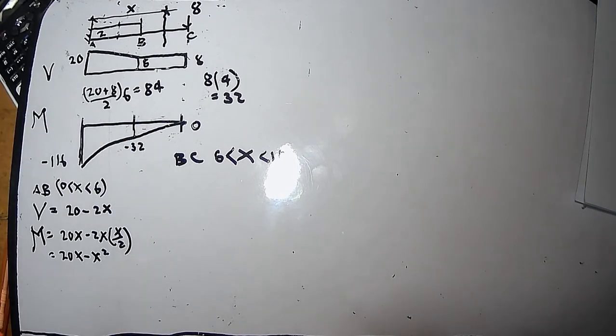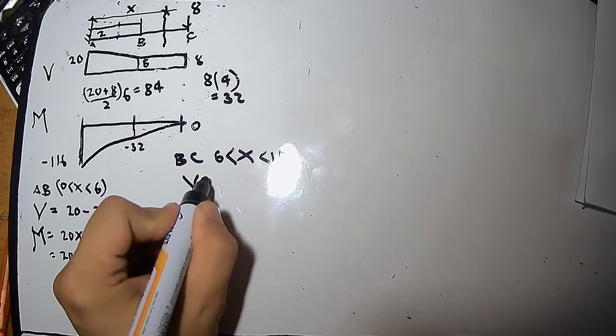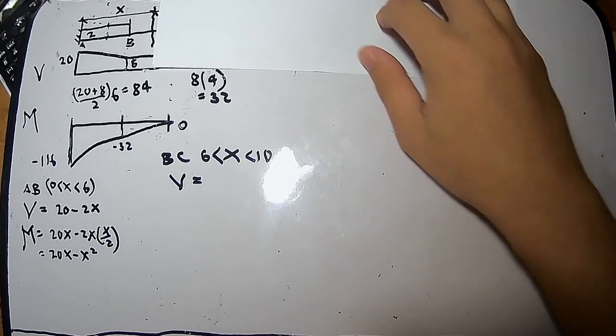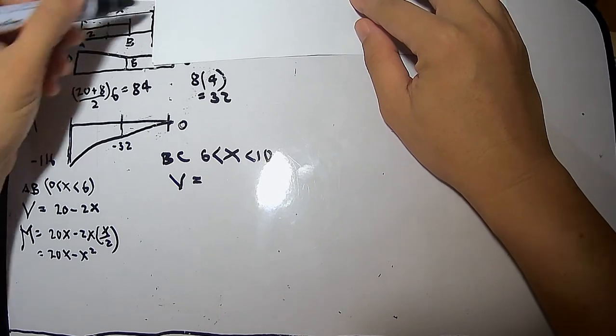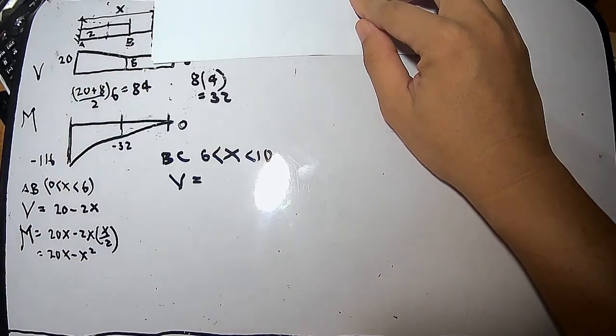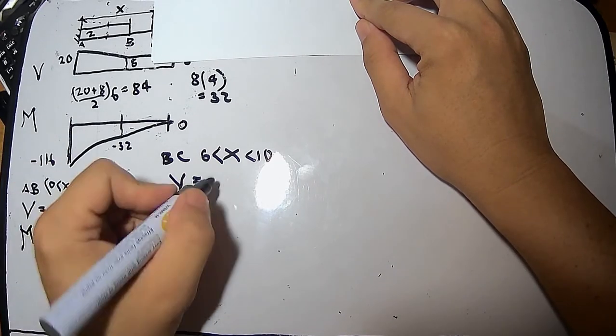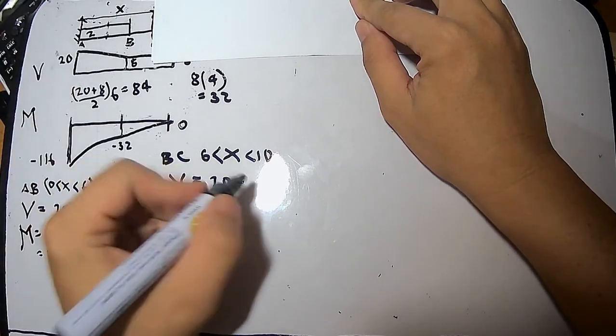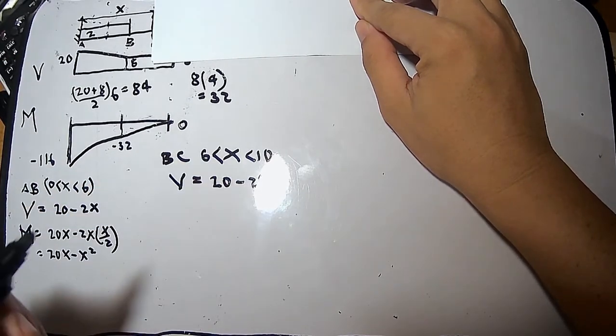It is between B and C. So let's compute your shear. So gayahin natin yung ginawa natin kay AB. Takpan ulit natin yung right from the section. So your shear, the forces acting on the left part is 20 minus 2 times 6.